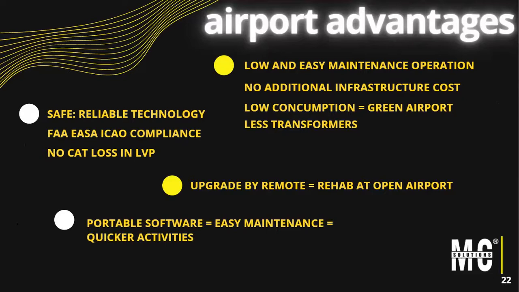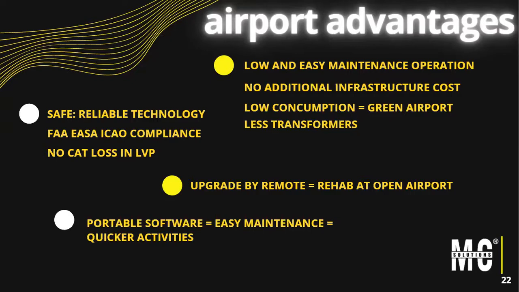And we would like to highlight the airport advantages we satisfy with our system. So: low and easy maintenance operation, no additional infrastructure cost. Since we have low consumption devices, you do not have to think about how many CCRs you need more, or if you have to calculate additional power supply.